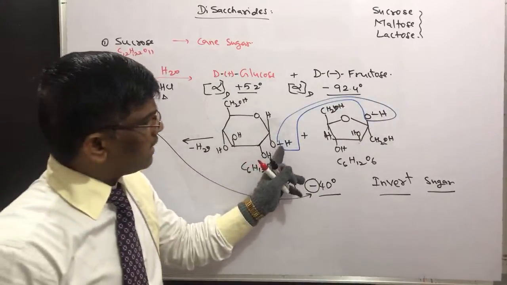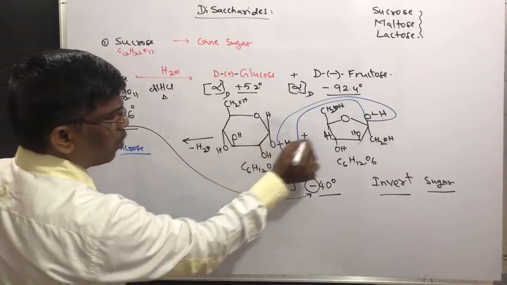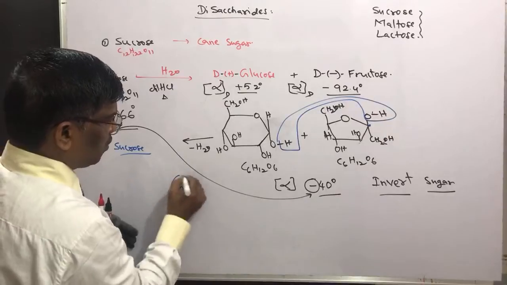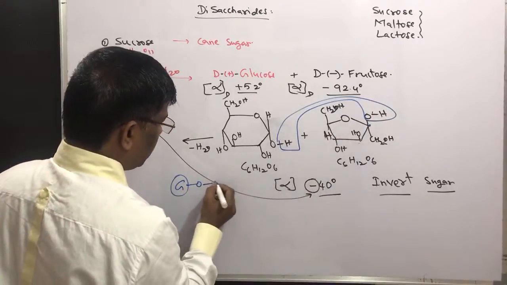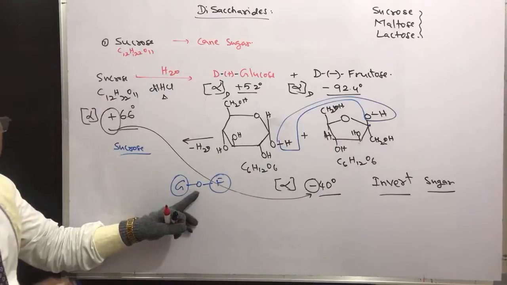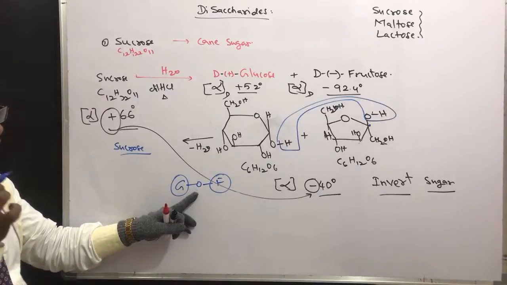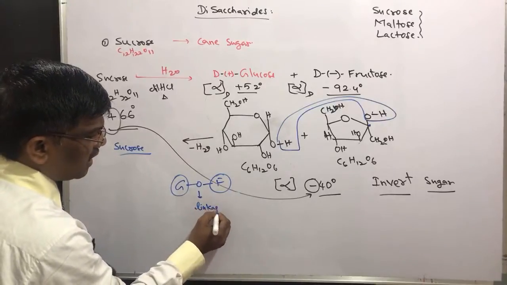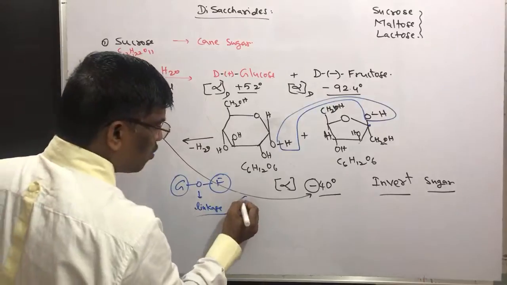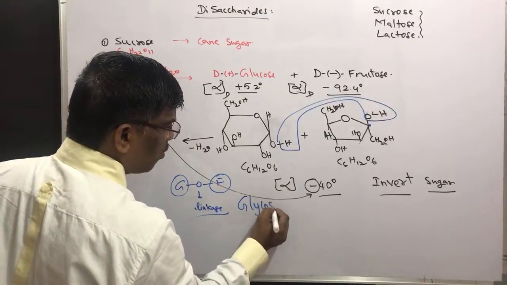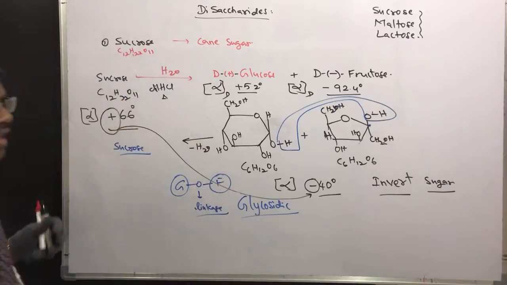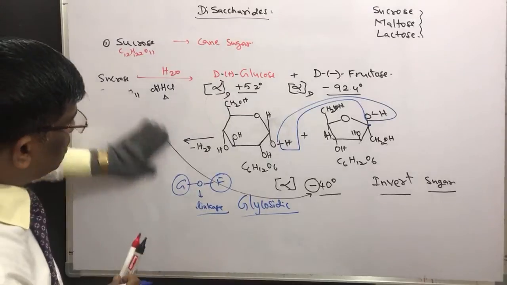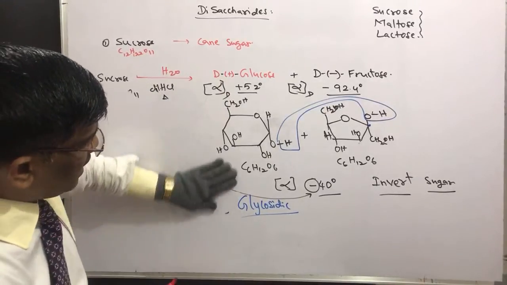And the ether type linkage is O, and this is carbon here. So this is the glucose molecule, and it is O, and it is the fructose molecule. And this ether-like bond linkage is known as glycosidic linkage. Glycosidic linkage. Yes? So let us write the exact structure of sucrose with glycosidic linkage.